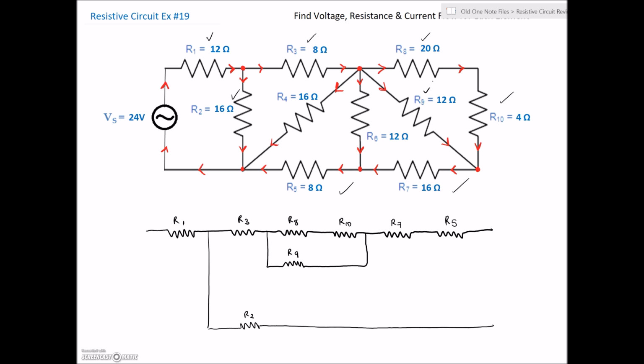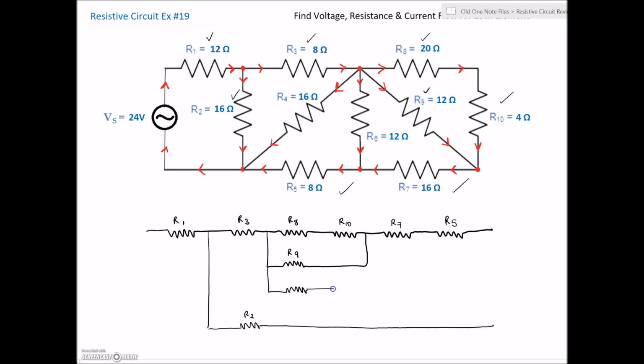Then what do we need? We need R4. R4 looks like it's going from this parallel junction right here, the tail end of R3, and then it's going into the tail end of R2. Well, tail end of R3 is right here, right? So we can drop in that resistor, and we need it to line up with the back end of R2.